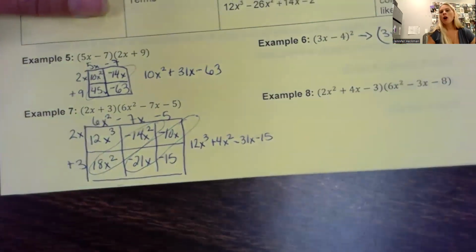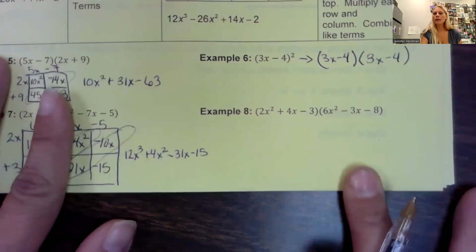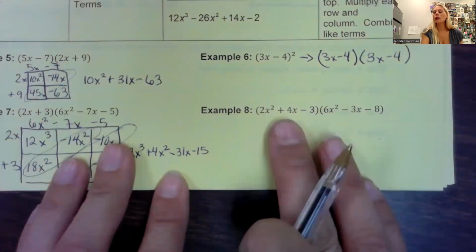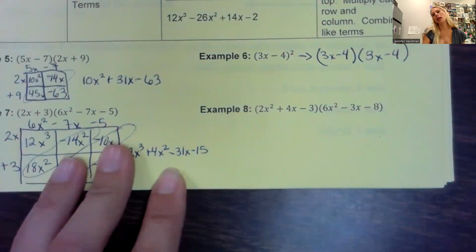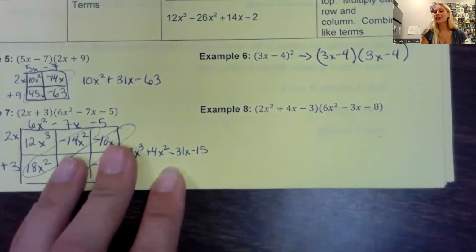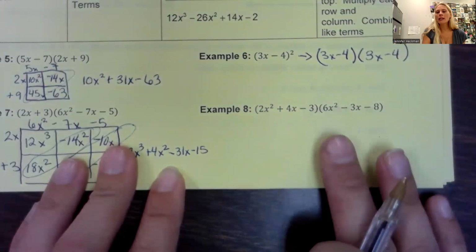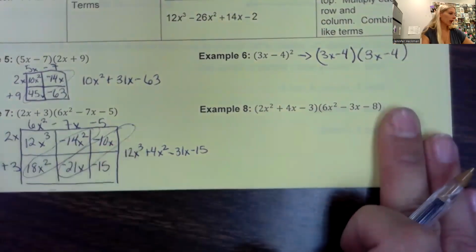Awesome. Okay, what I want you to do is pause the video and see if you can do this trinomial by trinomial. I do this because instead of me spending time writing all that stuff out, I'm going to show you the answers. So like I said, pause the video, try to do the trinomial times the trinomial.